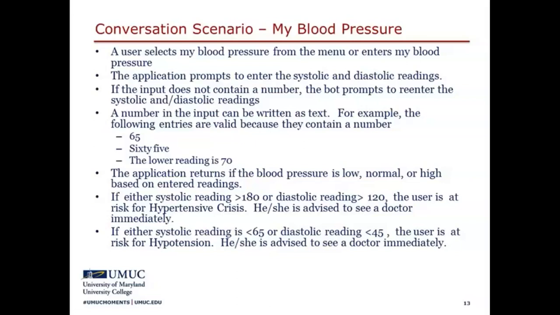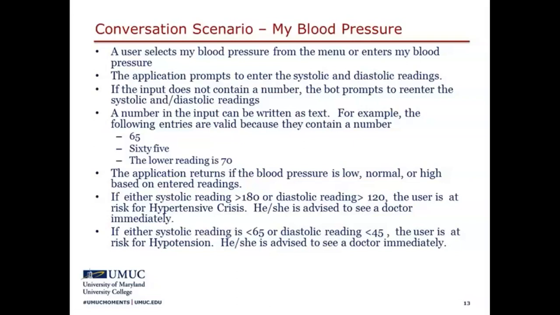But this is what I want to happen. You may have heard about the condition hypertensive crisis. So if either the systolic region is above 180, or the diastolic, the lower region, is above 120, I want the conversation to stop, and I want the patient to be advised to call the doctor immediately.